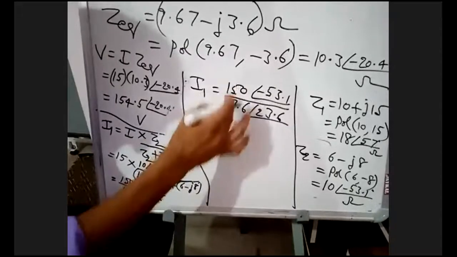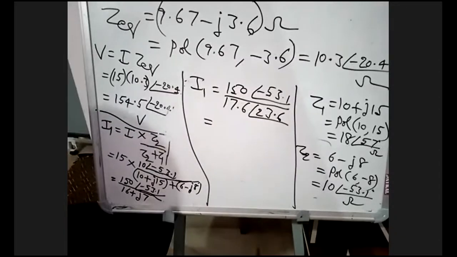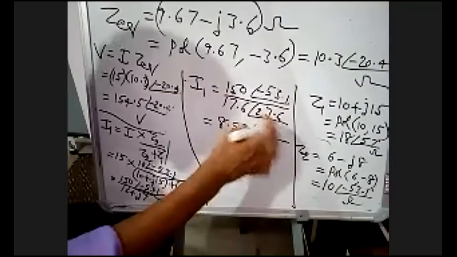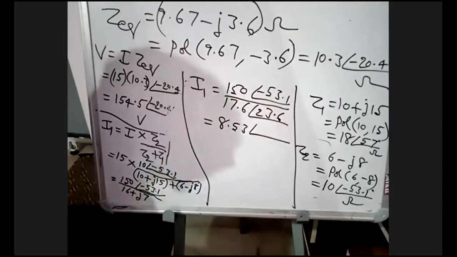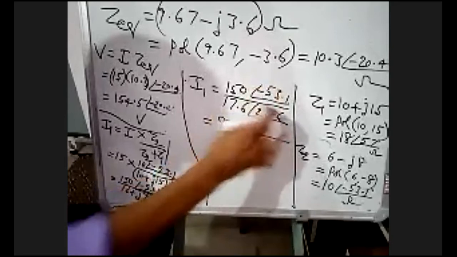Now divide 150 by 17.6, which is 8.53 at an angle. If the angle comes to the numerator, what will happen? Minus: minus 53.1 minus 23.6.